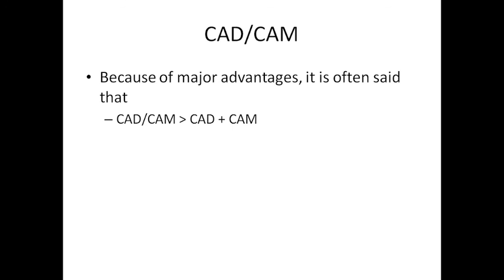If we have a smooth flow of information from the CAD domain to the CAM domain, you can achieve much more advantage rather than using CAD tools separately and CAM tools separately. So thank you.